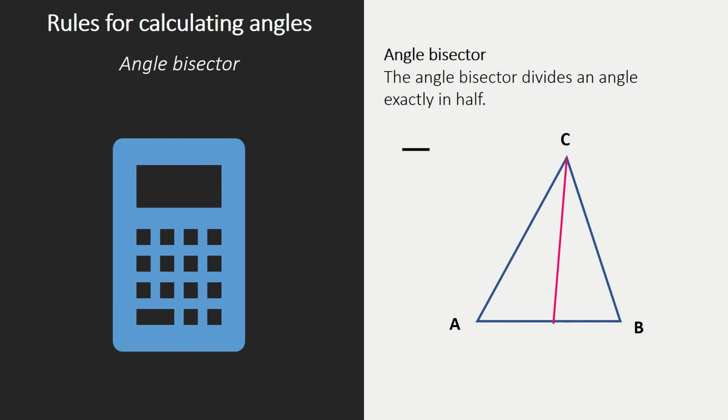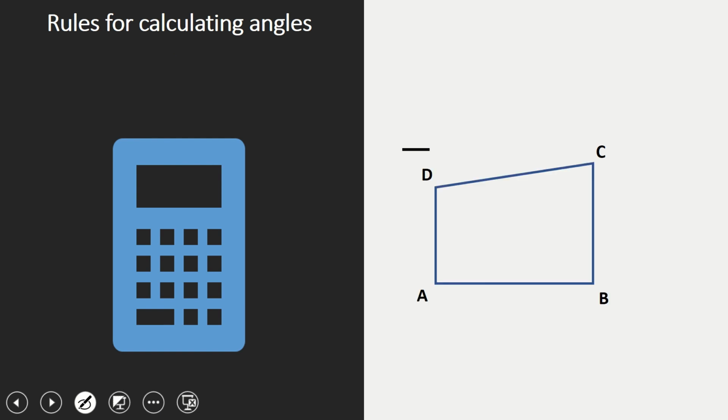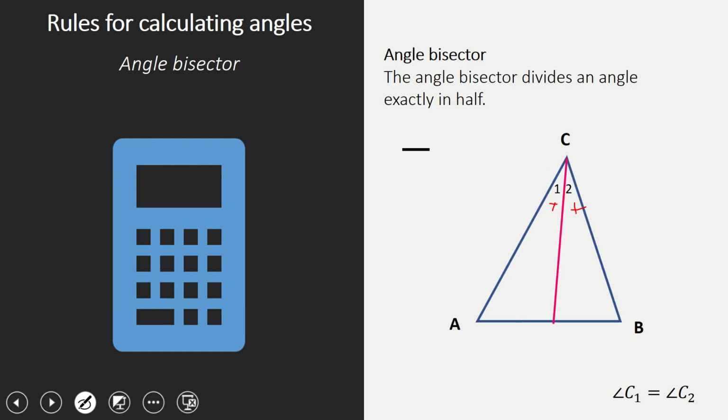So it means that we've got two angles C. We've got angle C1 and angle C2. And this and that is the same. So we use the same symbols. We write it down like angle C1 equals angle C2. And what you call 1 and what you call 2, that may differ. So you could also call this 2 and that 1. It doesn't really matter.